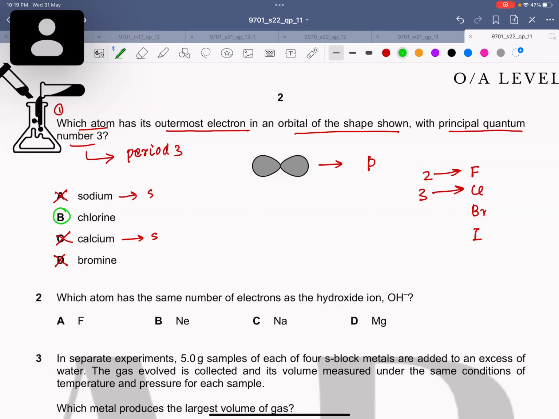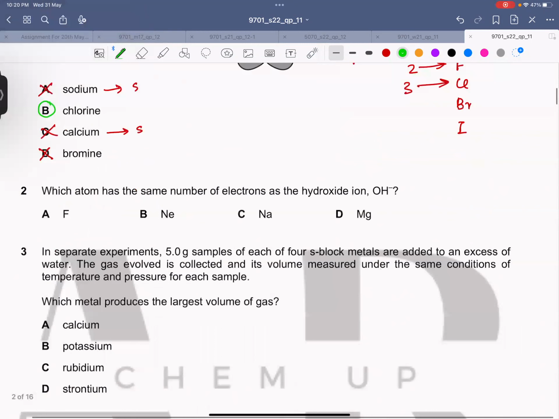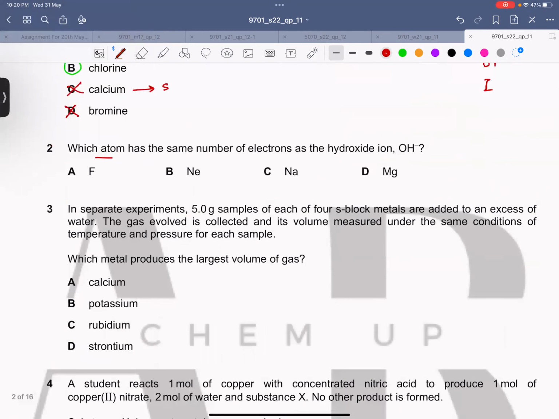Now, question number 2. Which atom has the same number of electrons as the hydroxide ion? Okay, so if we look at the hydroxide ion, oxygen has 8 electrons, hydrogen has 1 electron and an extra electron.